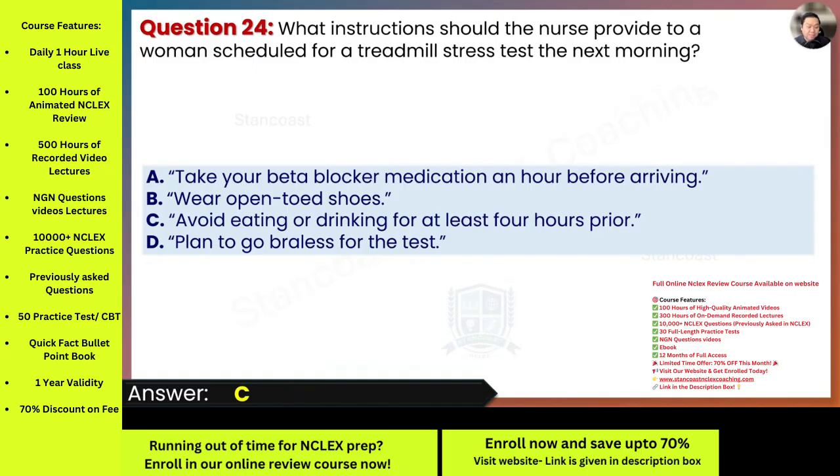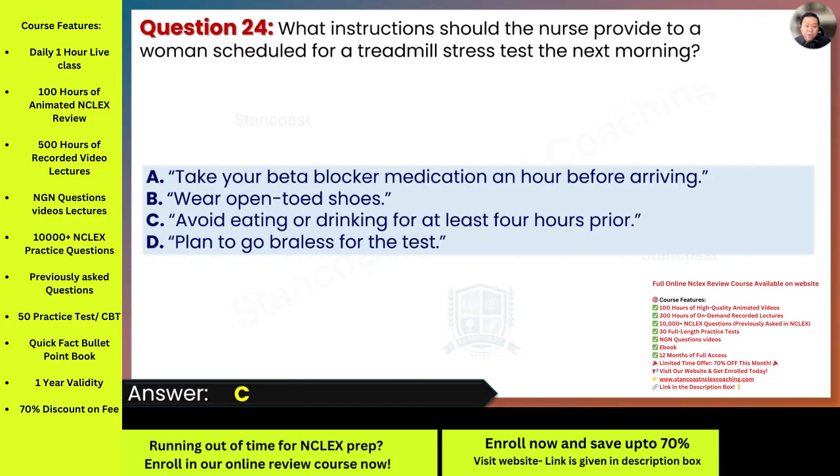Now, why is letter A incorrect? Take your beta blocker medication before arriving. We know that beta blockers can slow down the heart rate. It will reduce the blood pressure, which can directly interfere with the purpose of the treadmill stress test. And so the goal of the test is to observe how the heart responds to the physical exertion, and the beta blockers would blunt that response, potentially giving a false reading of the heart's function.